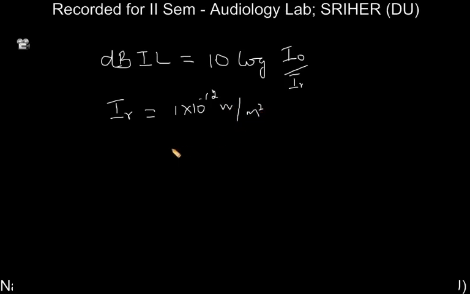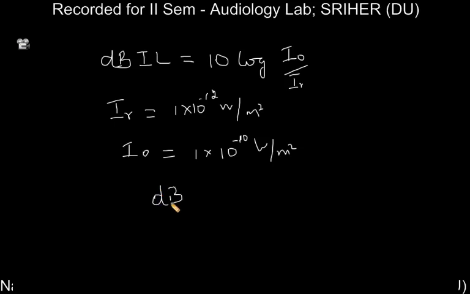Now let us take an example of observed intensity. So the observed intensity I0 is equal to 10 to the power minus 10. So that is the example absolute intensity we are going to take, and it has to be converted into decibel values.